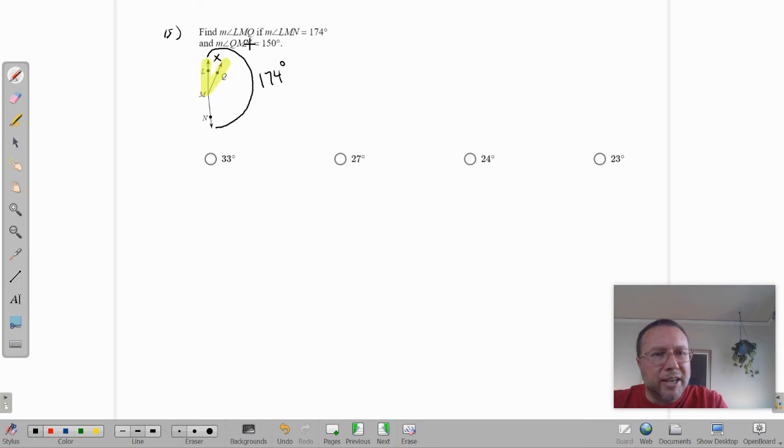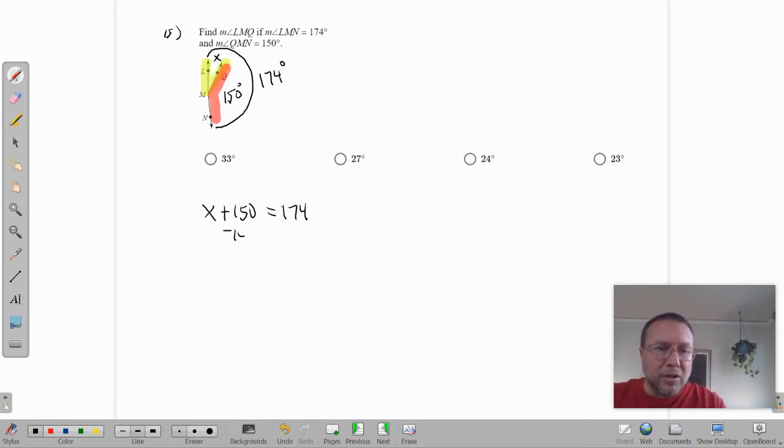And then it says QMN. So this would be equal to 150. So this other angle here is going to be this right here. That's going to be 150. Okay, so it's still the same idea. Part plus the part equals the whole. The difference here is that now we know the whole, we just don't know the part. Well, I know that X plus 150, whatever X is, would equal 174.